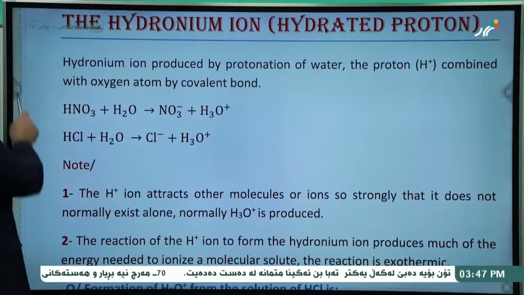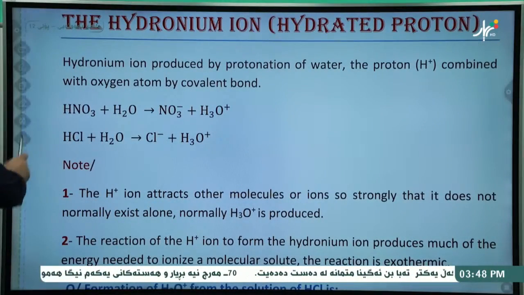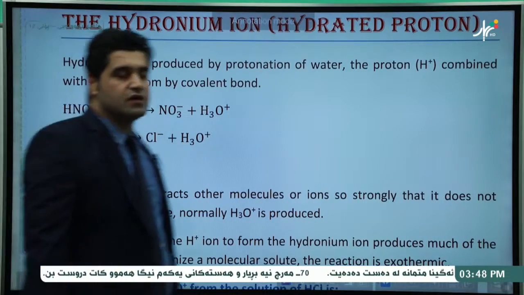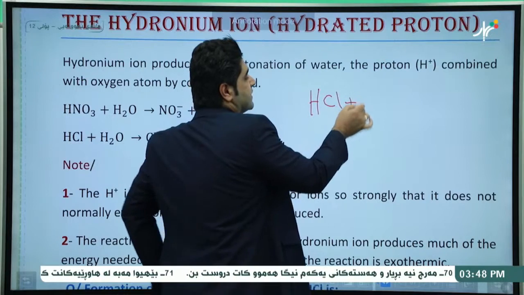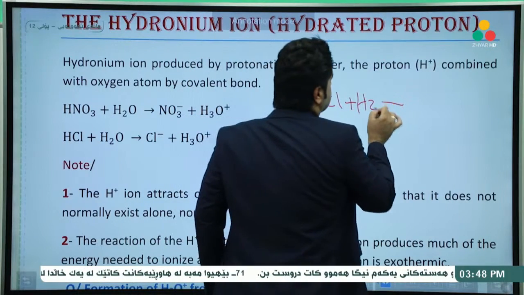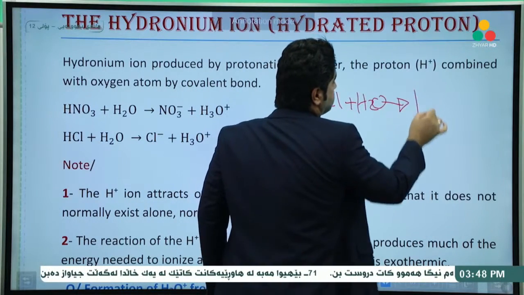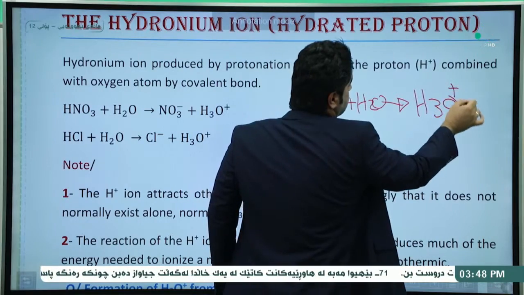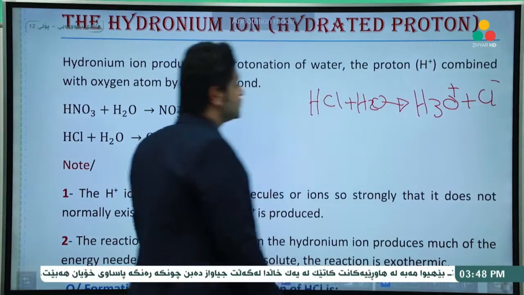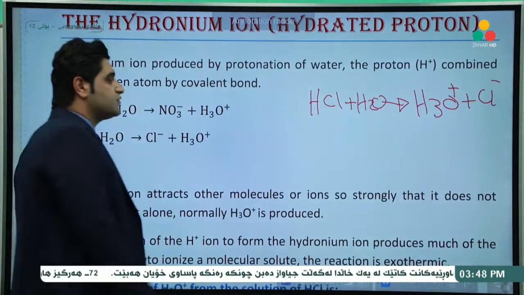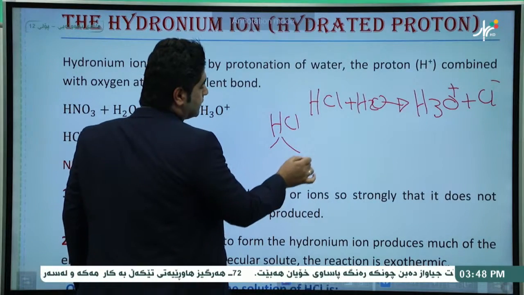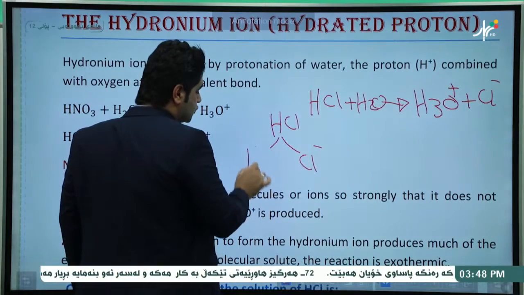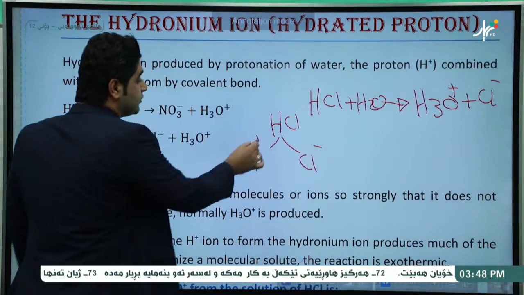About the hydronium ions, the hydronium ions are mostly produced by dissolving acids in water. For example, HCl plus H2O to form H3O+ plus Cl-. So how do we get the hydronium ion? First of all, when we put HCl into water, it will be split into H+ and chlorine.